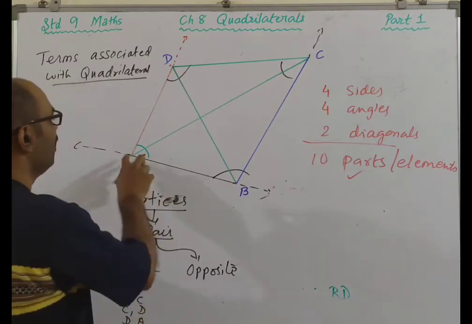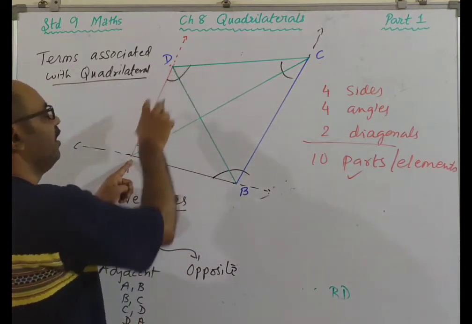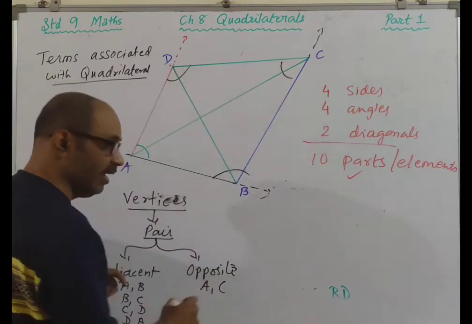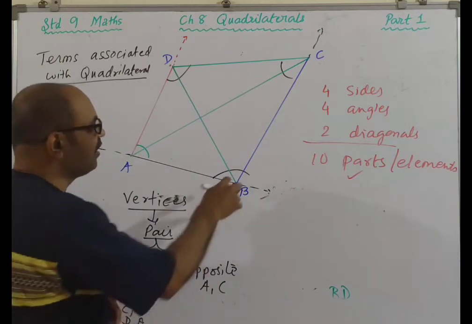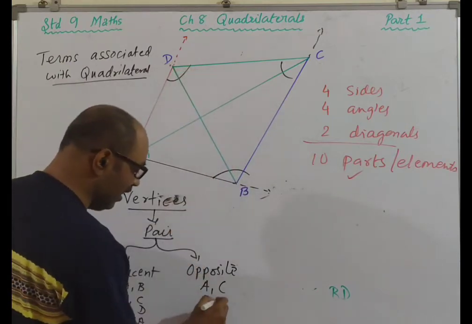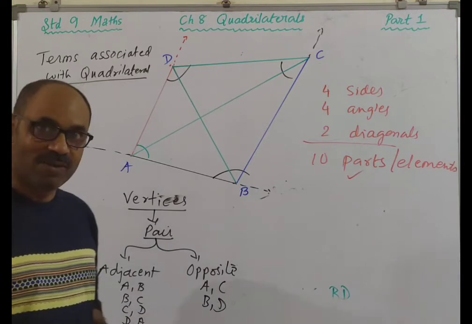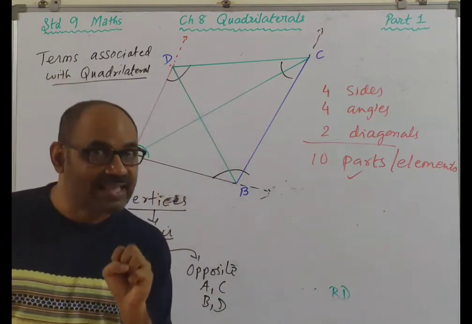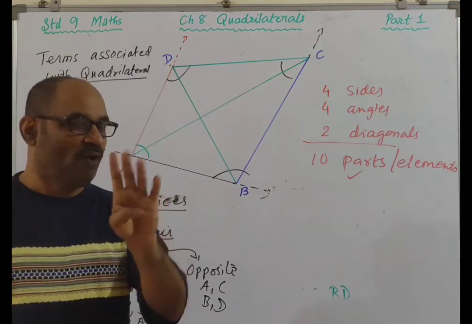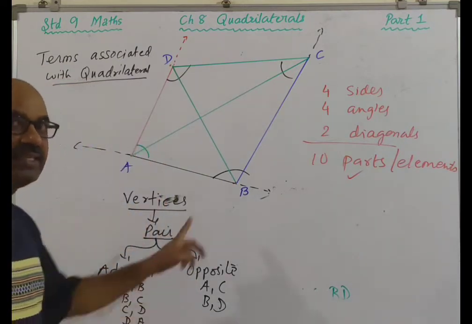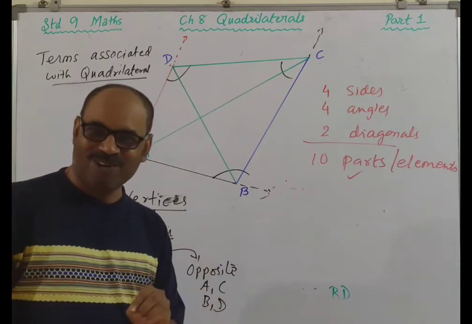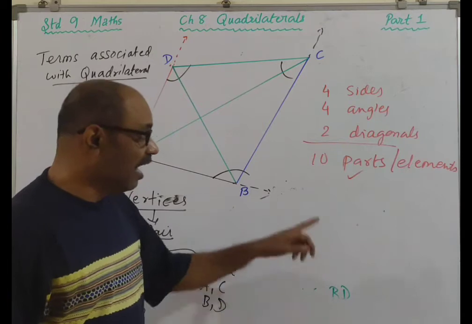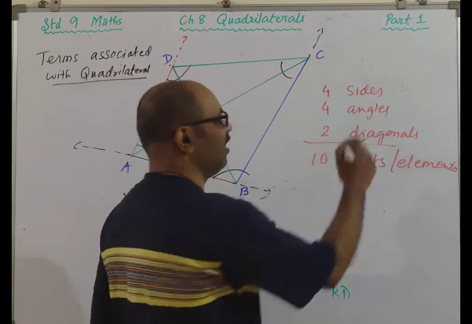Now opposite: A and B, A and D are close to each other, but A and C is one pair of opposite vertices. Similarly, B and D is another pair of opposite vertices. So if you select the 4 vertices in pairs, we find 4 pairs of adjacent vertices and 2 pairs of opposite vertices. Very simple. Now comes the definition of diagonal.